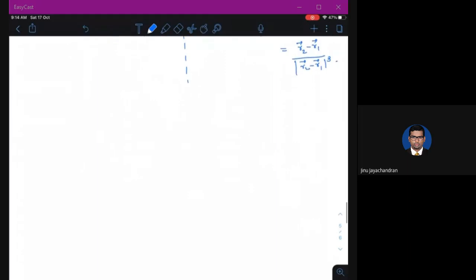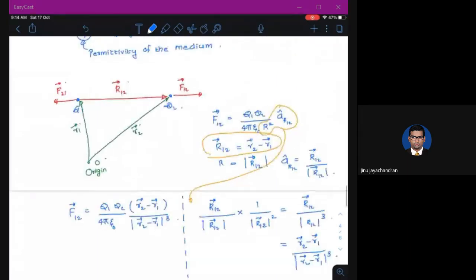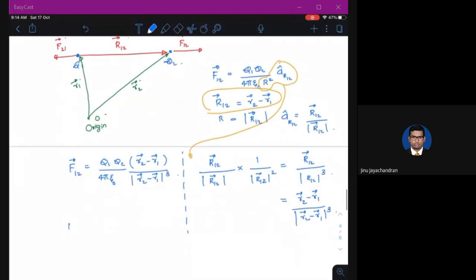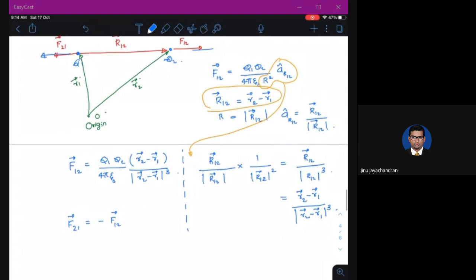Now F12, if you look at F21, it is the same magnitude but in the opposite direction. Okay, so F21 is in this direction and F12 in this direction, but the magnitude is same. So it will have a minus sign. Okay, and the minus sign is occurring because the unit vector is in the opposite direction.